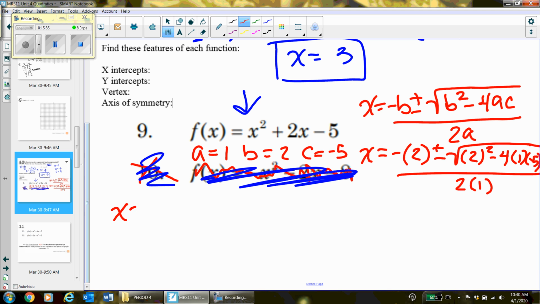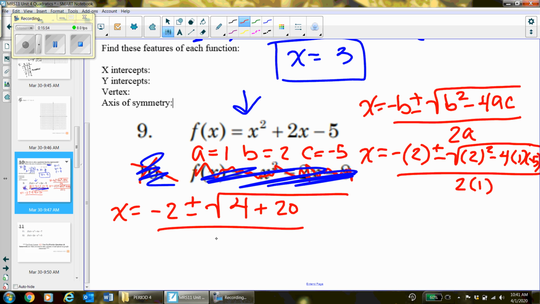Let's figure out what's under that square root. 2 squared is 4, and -4 times 1 is -4, and -4 times -5 is a positive 20, all over 2 times 1 is 2. So now I have x equals -2 plus or minus the square root of 24, all over 2.